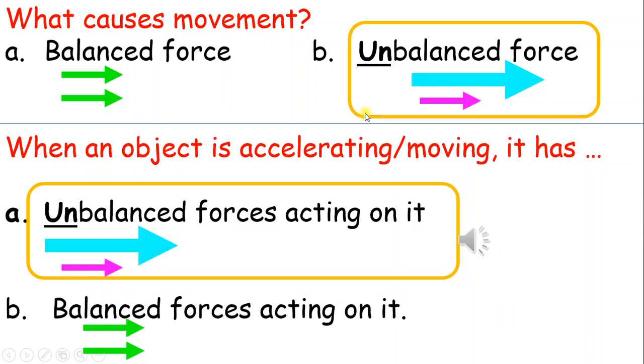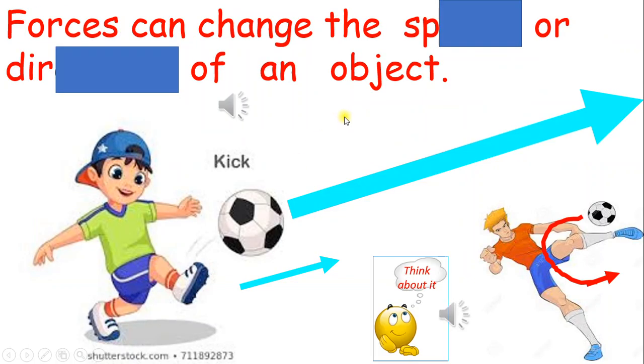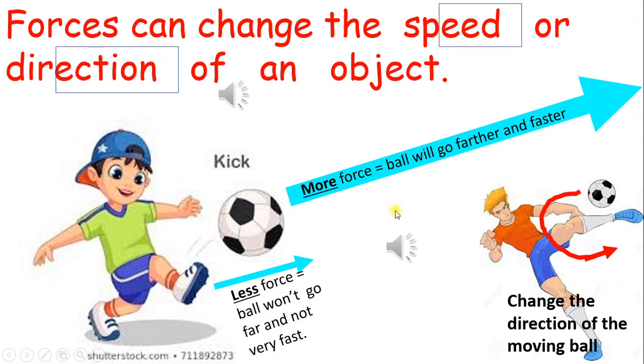When an object is accelerating, it has unbalanced forces acting on it. Forces can change the blank or blank of an object. The answer is, forces can change the speed or direction of an object.